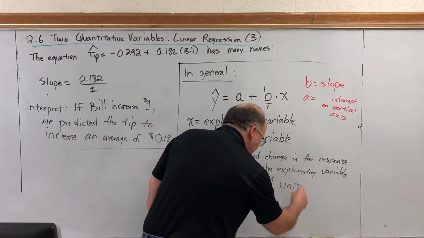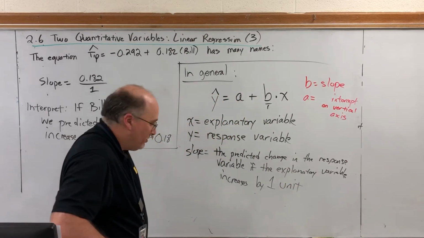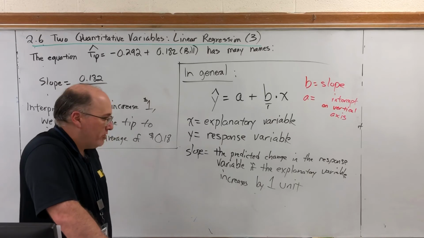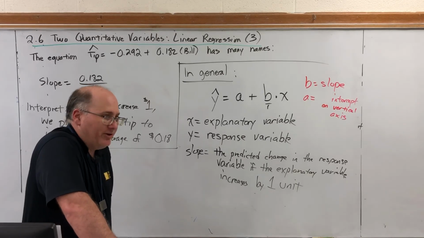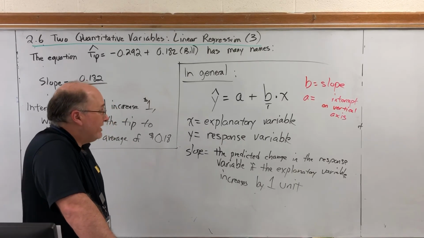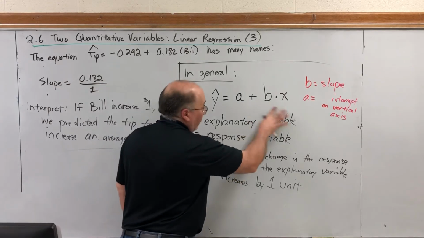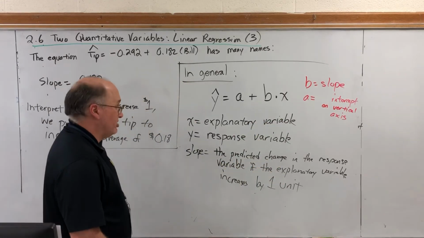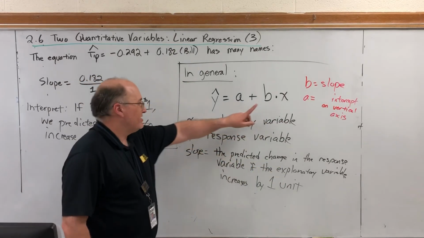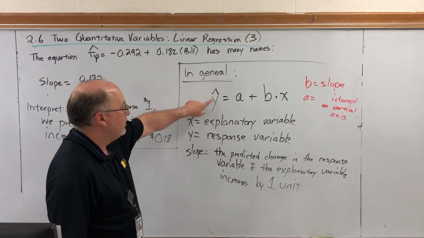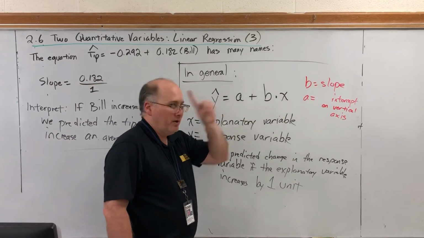Whatever that unit is, whether it's feet, inches, dollars, seconds, alkalinity, whatever. But that's how slope can be interpreted in the context of the linear regression. It predicts how much this will go up when this goes up by 1 unit.